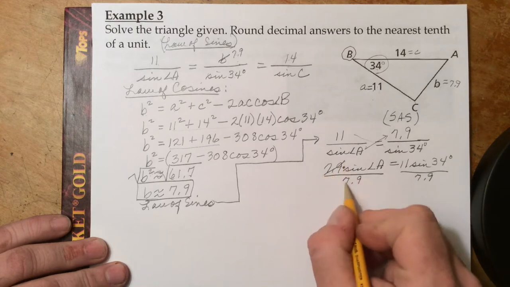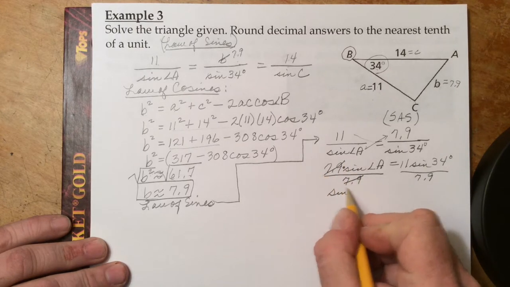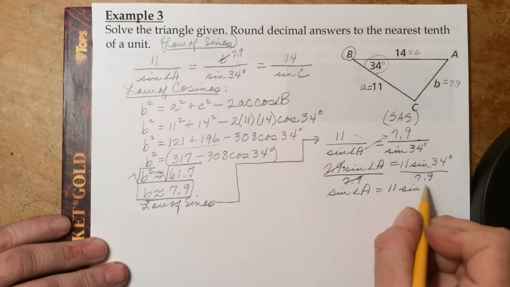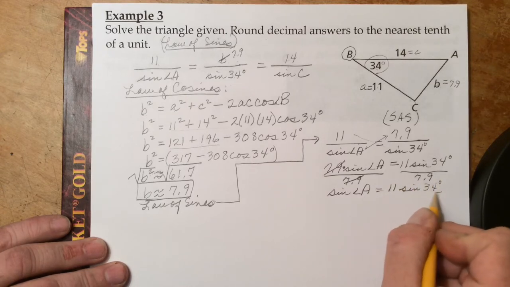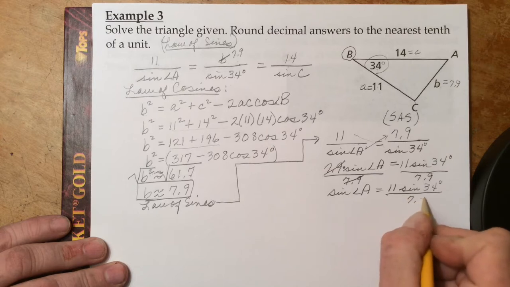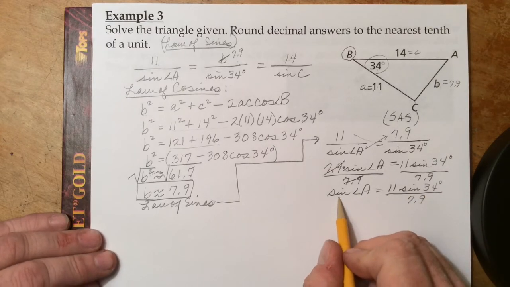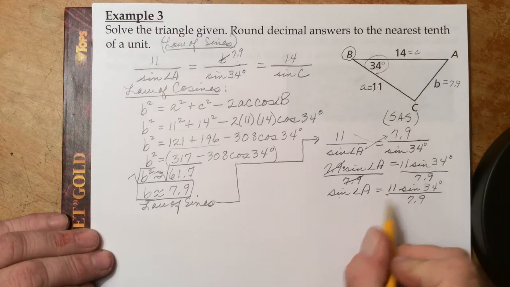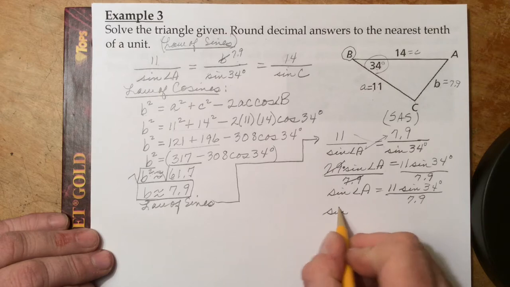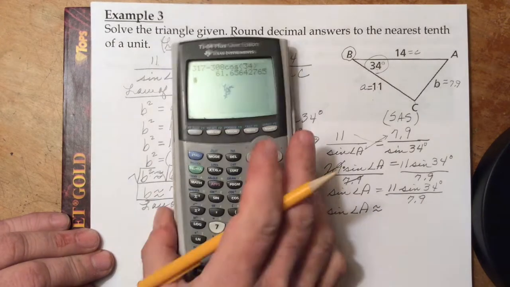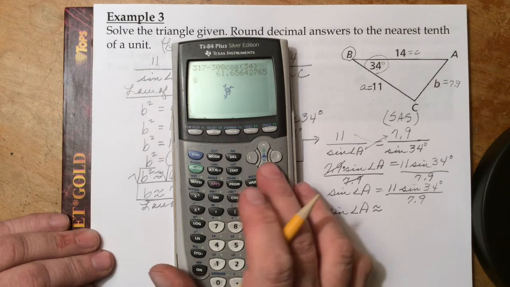The 7.9 divides out. So we get the sine of angle A is equal to 11 times the sine of 34 degrees divided by 7.9. At this point, we're not going to take the arc sine yet until we get this to be a decimal. But at this point, we have the sine of angle A is approximately equal to, let's get our 4-digit decimal now.